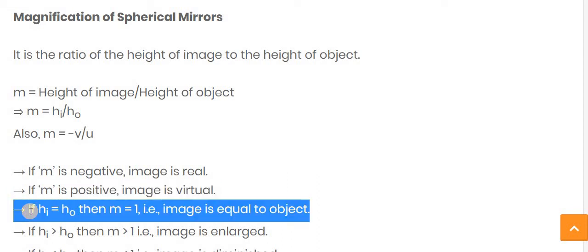Suppose if hi is equal to ho, then m is equal to 1. That means the image is equal to the object.